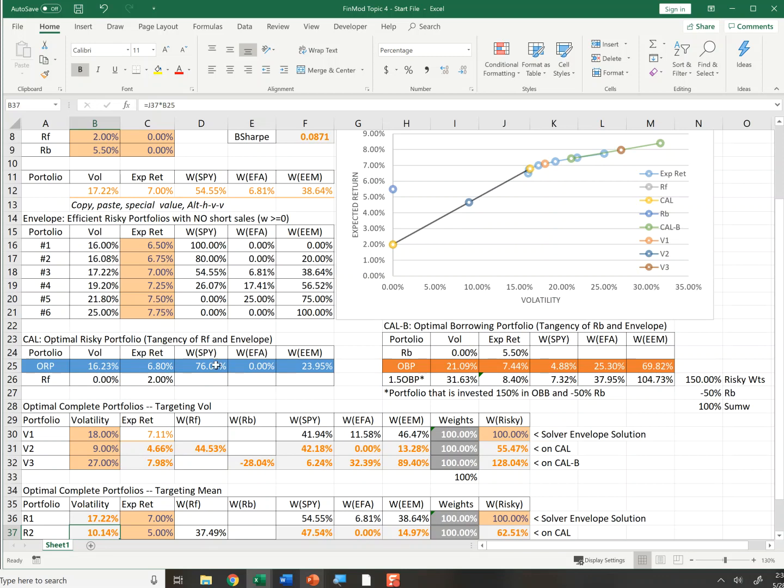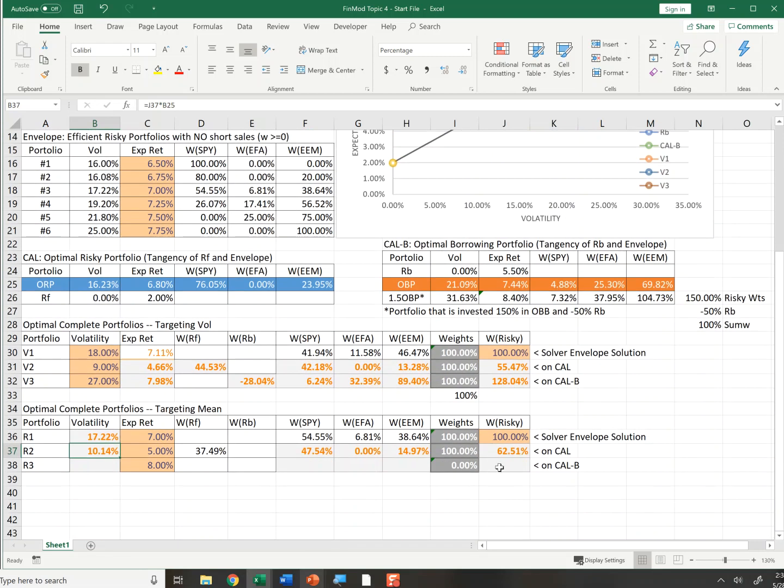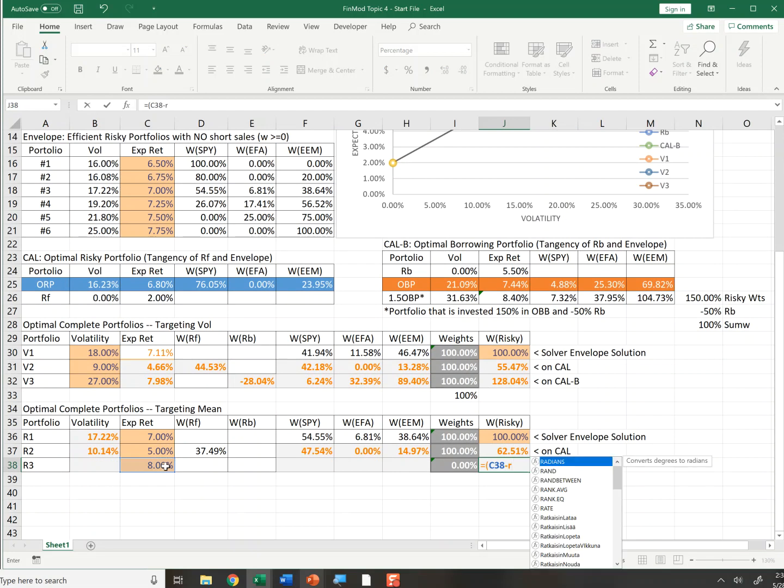The last one is an expected return of 8%, so it's going to wind up being around this point here. So let's go ahead and do the math for that. I'm going to take my desired expected return of 8 minus RB divided by 7.44 minus RB.